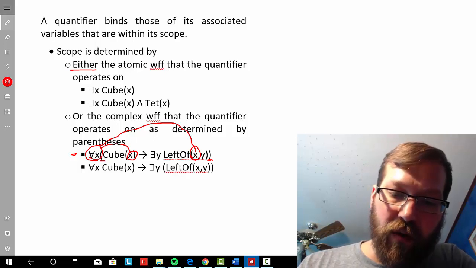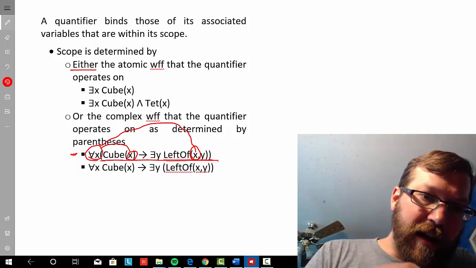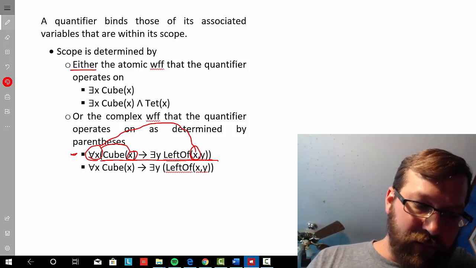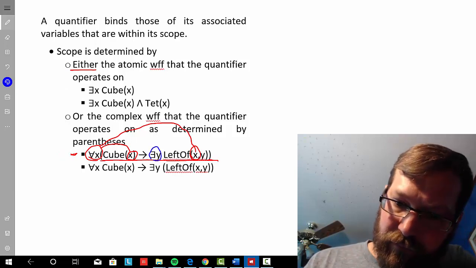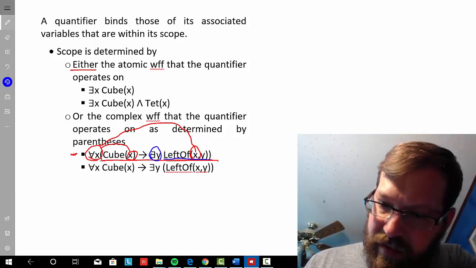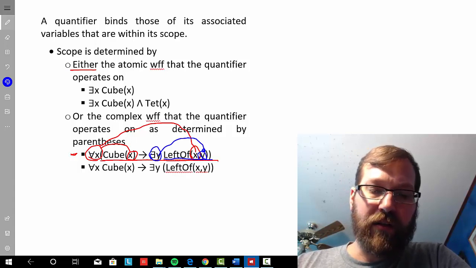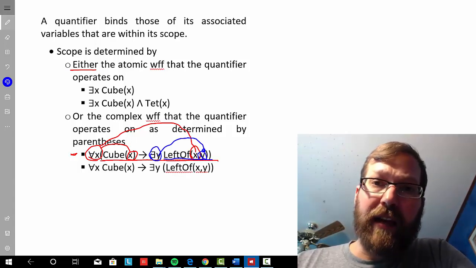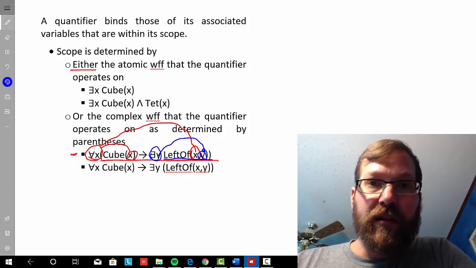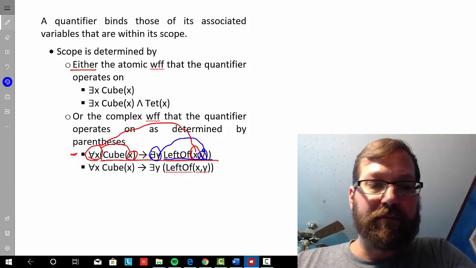So the scope of this quantifier is extending all the way out here, whereas the scope of that existential quantifier is extending out here and it's binding this y. All right, so that reads as for every object x, if x is a cube, then there exists a y such that x is to the left of y.